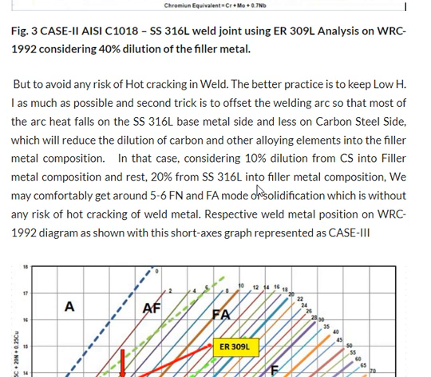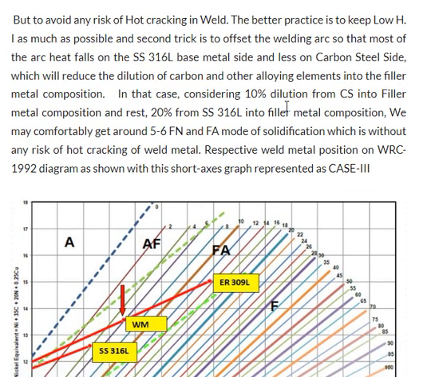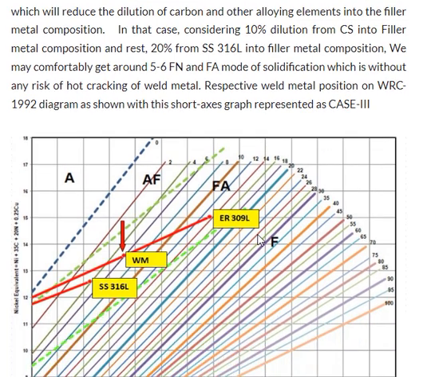So in this case, considering a 10% dilution from the carbon steel into the filler metal, the remaining 20% from the SS316L, we can comfortably get around 5 to 6 ferrite number and FA mode of solidification, without any risk of hot cracking of the weld metal.